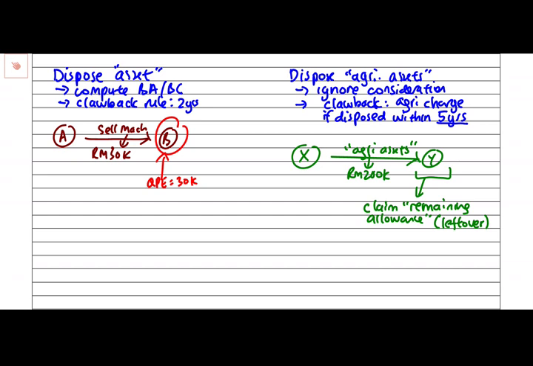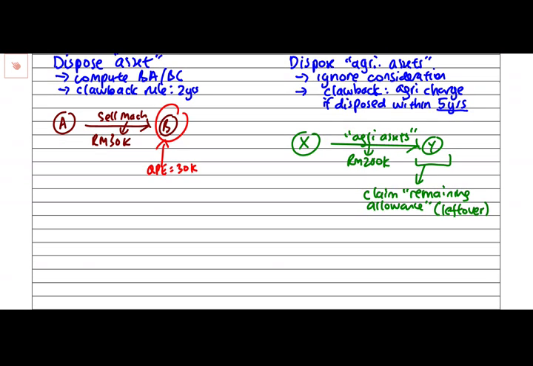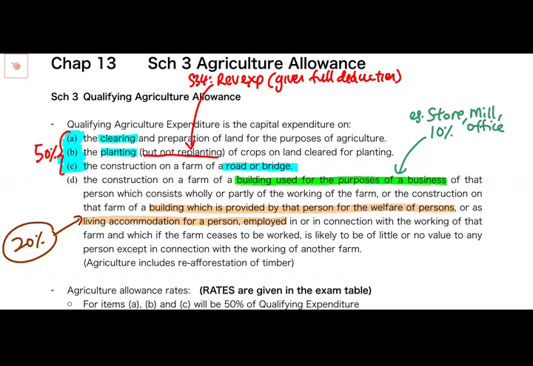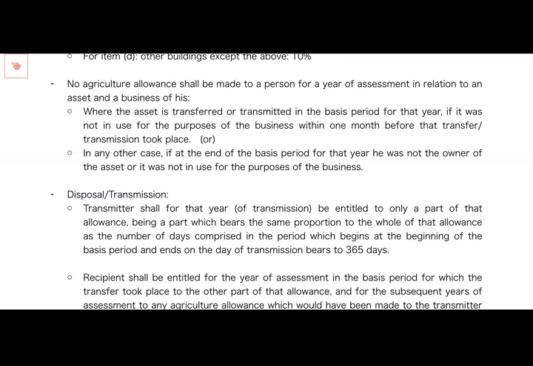Now go to page 249. Come down to this part. Take a look at this part. No agriculture allowance is given when an asset is transferred or transmitted.